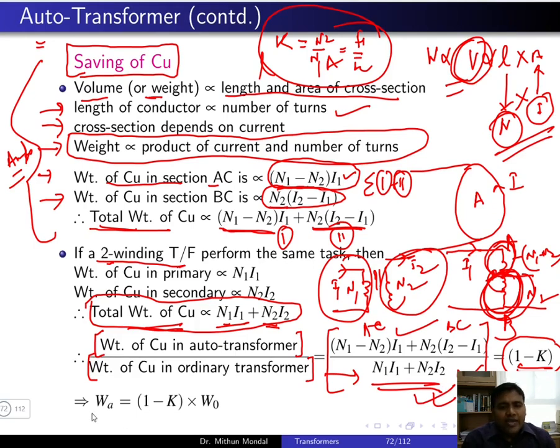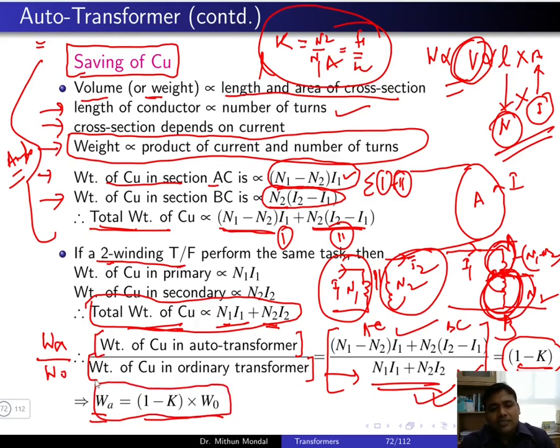K being the transformation ratio of the network. So the weight of the copper in an auto transformer is 1 minus K into the weight of the copper in an ordinary transformer. So if we take this ratio, auto transformer divided by the ordinary transformer, weight of copper in auto transformer is equal to 1 minus K into weight of copper in ordinary two winding transformer.